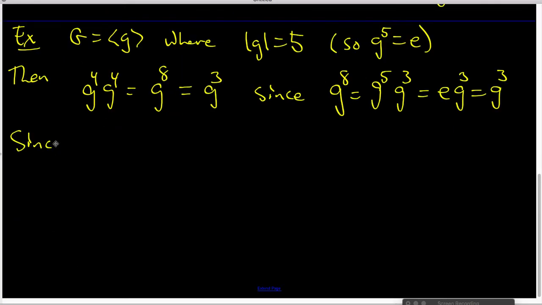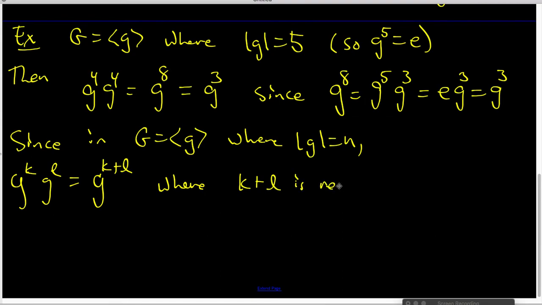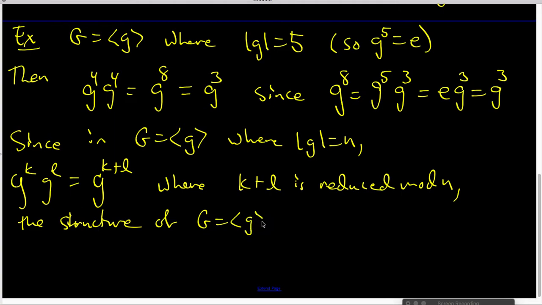Since in G, a generic group where the order of the generator is equal to n, g to the k times g to the l is just g to the k plus l, where k plus l is reduced mod n, the actual structure of our cyclic group should look like, let me correct my handwriting there.